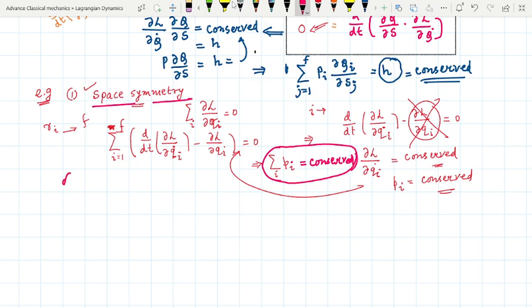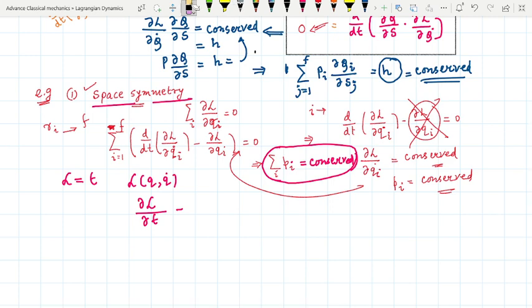Likewise, if we consider the Lagrangian to be independent of time, that is the Lagrangian does not depend upon time, it only depends on q and q̇, then we can consider the variation of the Lagrangian with respect to time, or better to say, we can consider it from the Hamiltonian.